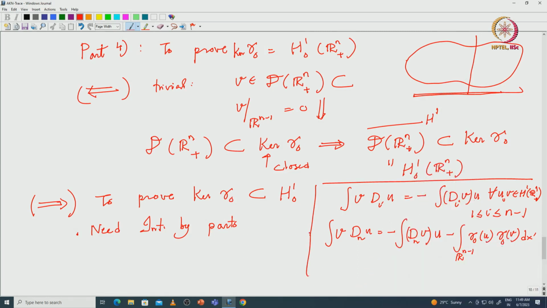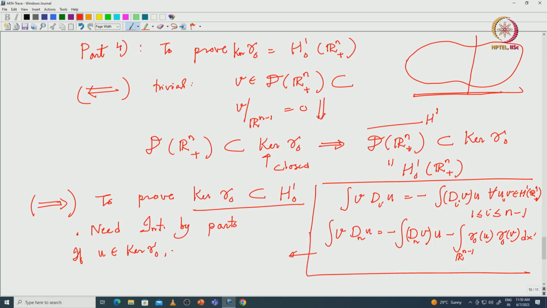So, this formula immediately tells you something. If u is in the kernel of gamma naught, which is what you want to start with, the last term will not be there because gamma naught of u is 0.